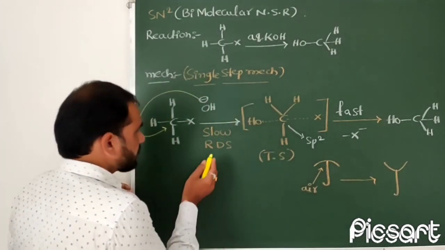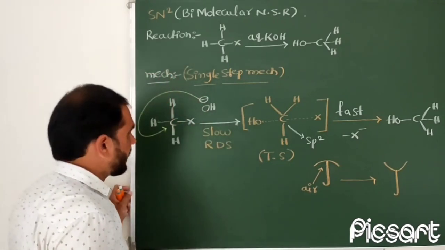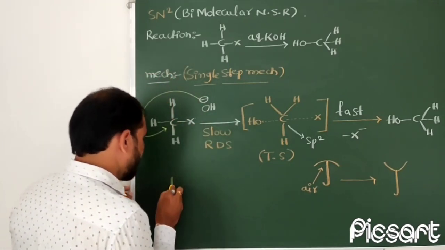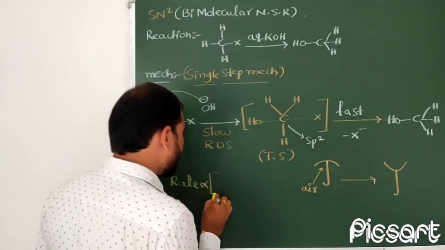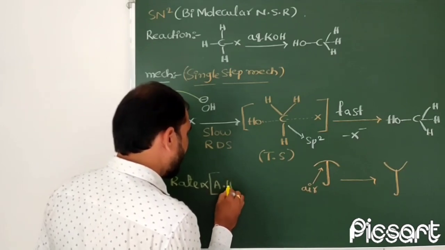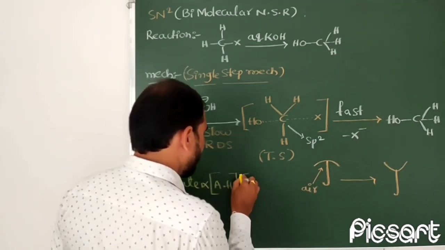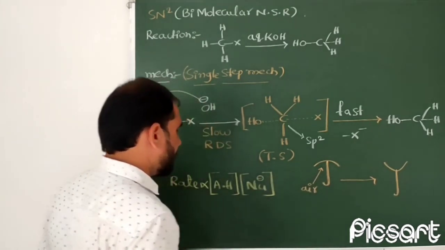And here in the rate determining step of the SN2 reaction mechanism, the rate is directly proportional to the concentration of alkyl halide times the concentration of nucleophile.